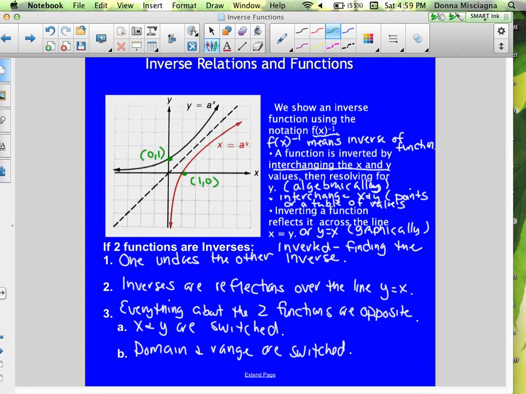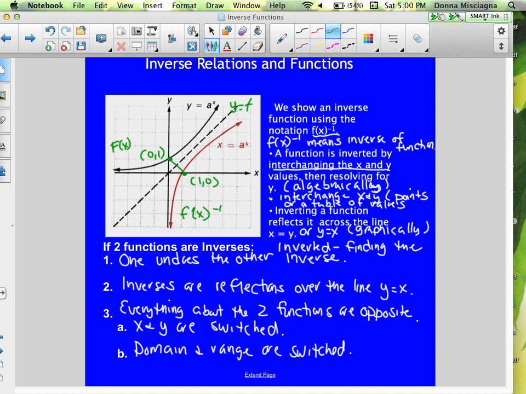How you can tell something is a reflection over the line y equals x: if you graph it and connect the one point on the function and the corresponding point on the inverse, so this one's the function, we'll call it f of x, and this one's the inverse, f of x with the negative 1 there. Notice that the segment connecting those corresponding points is perpendicular to our line of reflection here.